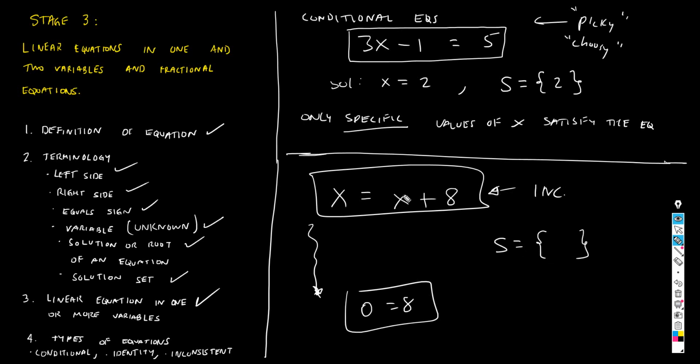You see, there are no solutions for this equation, no solutions, or no roots. So that's the solution set for an inconsistent equation. The solution set is an empty set. There are no solutions in there.